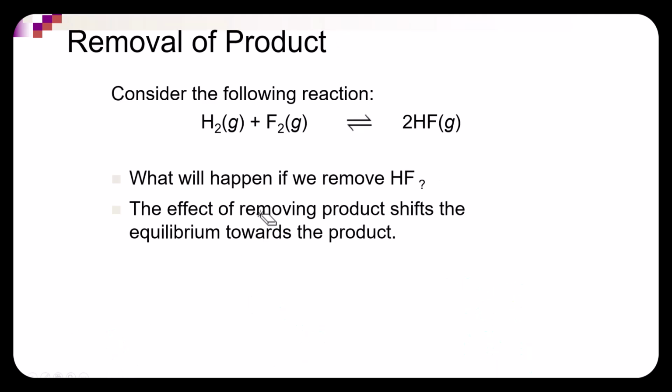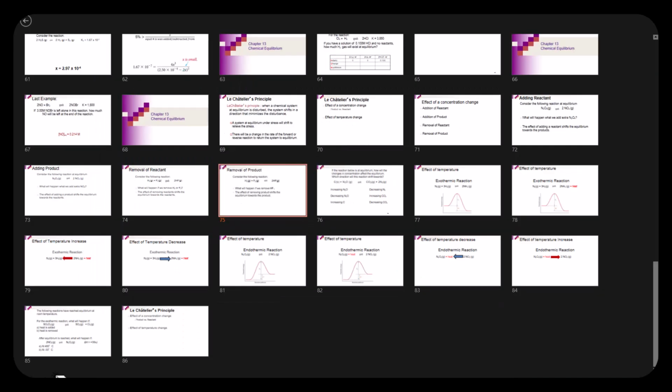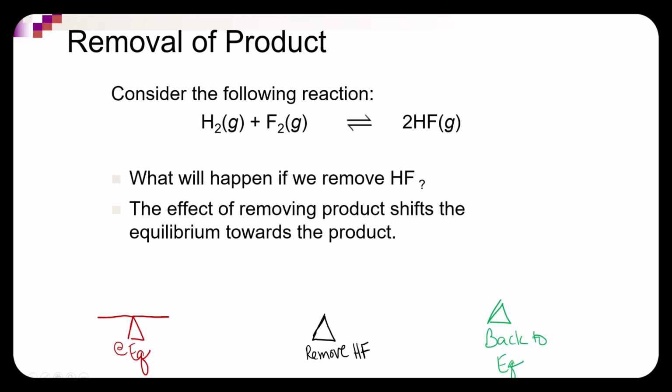Let's take a look at what happens if we remove the product. Let me get our balances here. All right, we've got our balances on the paper. So in this scenario, we are removing our product.